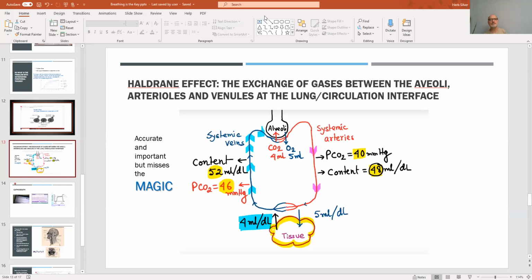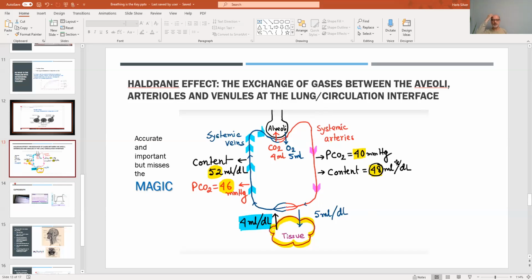The Haldane effect shows that ideally, we would like our CO2 levels to get up into the range of 40 millimeters of mercury.